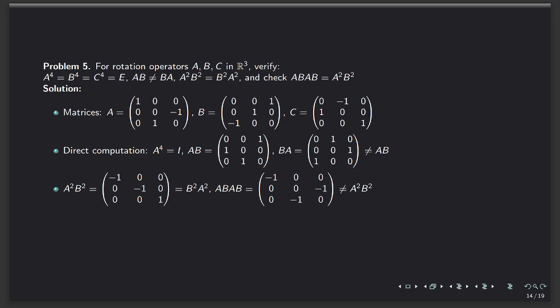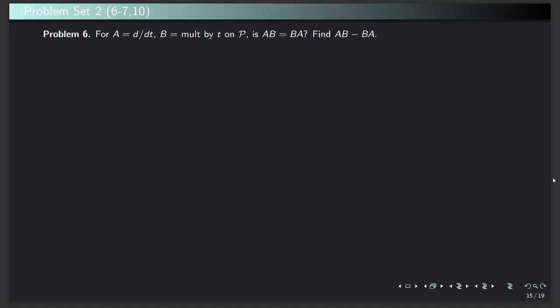It also confirms that the product AB is not equal to BA, demonstrating that rotations in 3 dimensions are non-commutative. The squares of the matrices, which represent 180 degree rotations, do commute though. Finally, the product AB is shown not to be equal to AB squared, highlighting the consequences of, as we mentioned, non-commutativity. Let's work on problems 6, 7, and 10.